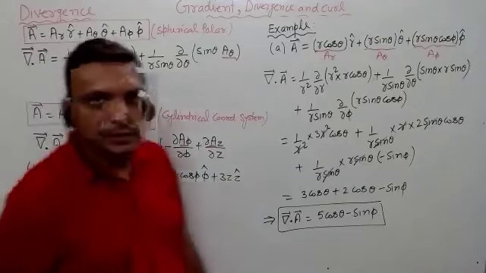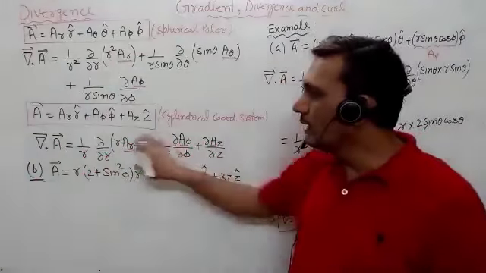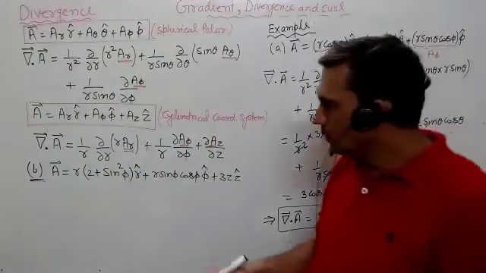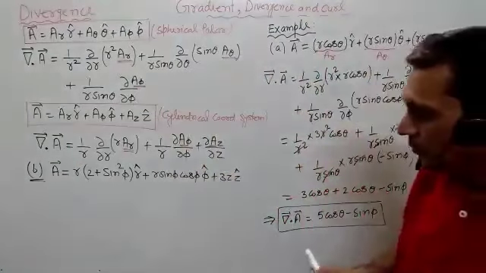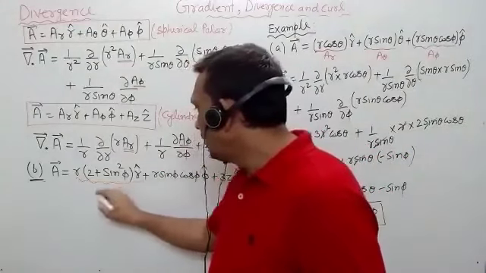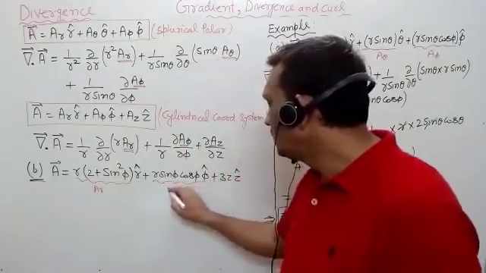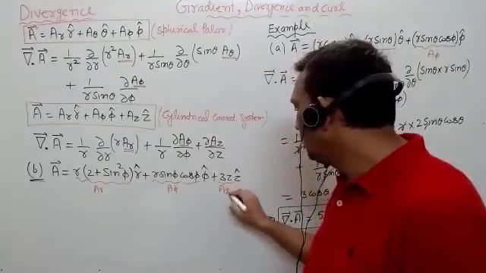Again, vector A is given in cylindrical coordinate and you have to find the divergence of A. So in this case, A r, A phi and A z are given. This term is A r, this term is A phi, and this term is A z.